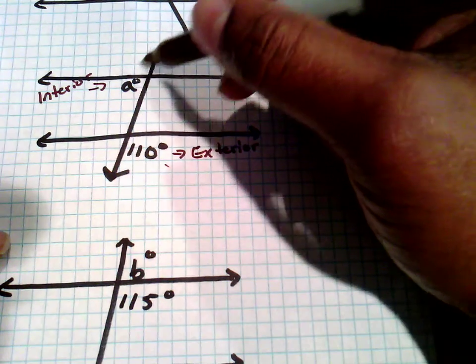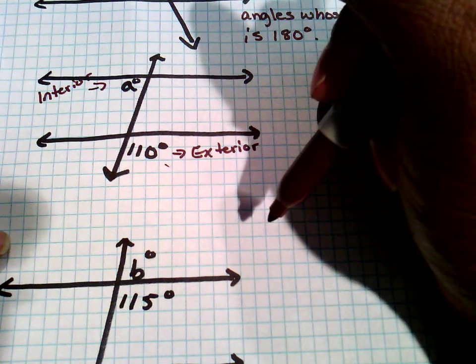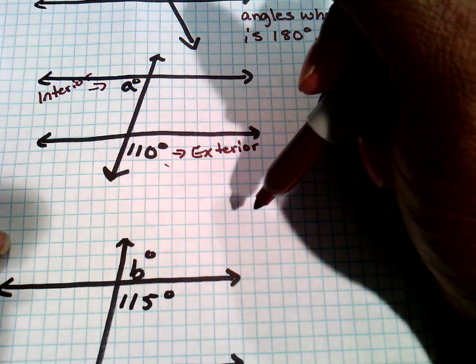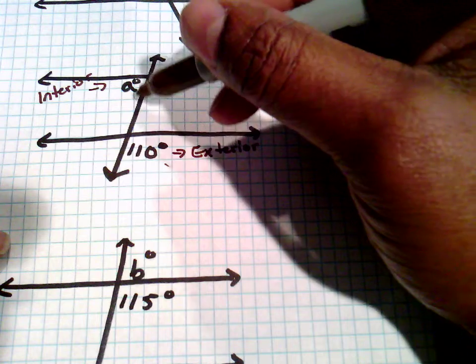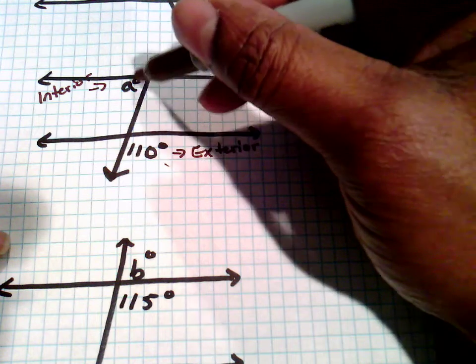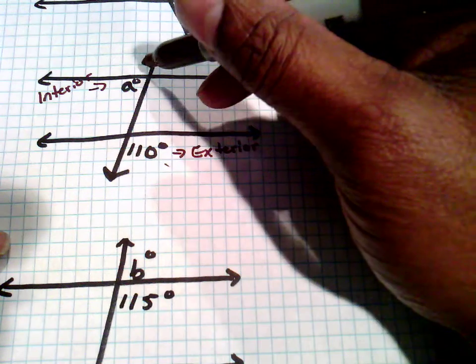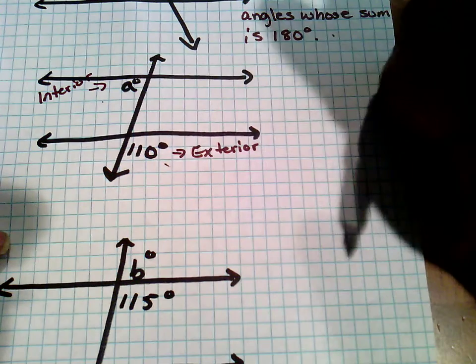But in both intersections, neither one is in the same position, so they don't satisfy corresponding angles. The interior angle doesn't sit across on the inside from 110, and neither does 110 sit across from A on the outside, meaning that one's interior and the other's exterior.